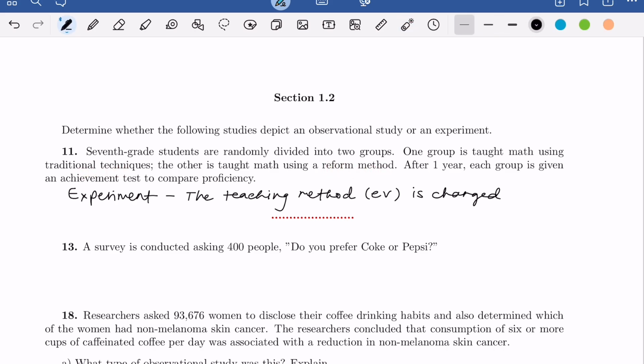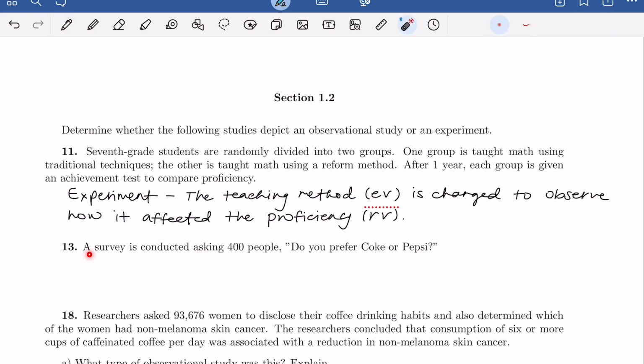So the explanatory variable is changed to observe how it affected the proficiency. And in this case, the proficiency is our response variable, which I'm going to abbreviate with this RV here. All right, so that's an example of an experiment. Let's look at question 13.